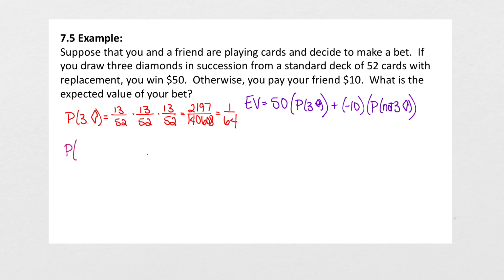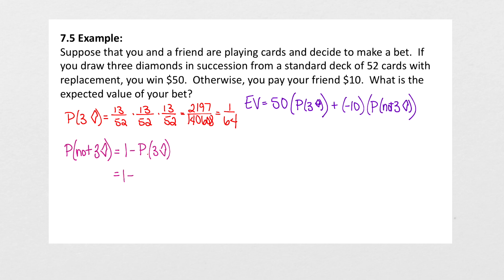Now, to find the probability that we do not get 3 diamonds, that would be 1 minus the probability that we do get 3 diamonds.